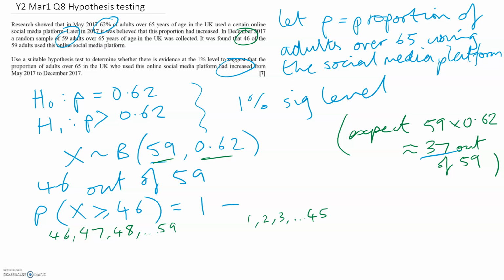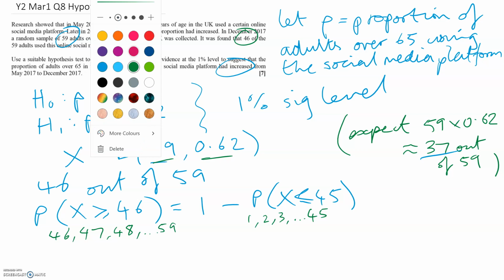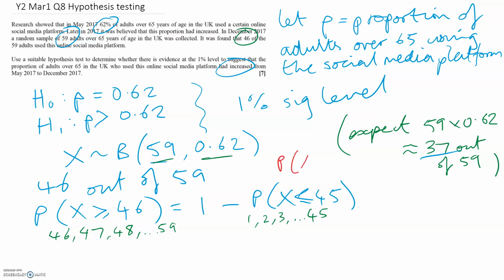So we want to do 1 minus the probability of x is less than or equal to 45, because your calculator will only find the probability that x is less than or equal to something. Okay, so your calculator will always give you this. So that's why we've had to convert it into this sum.